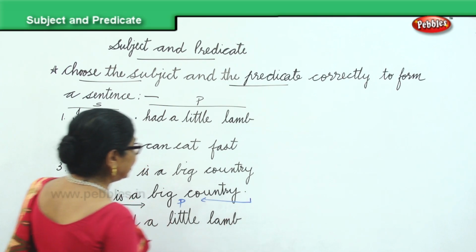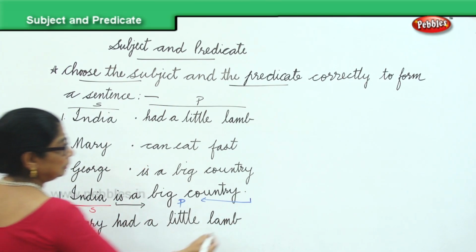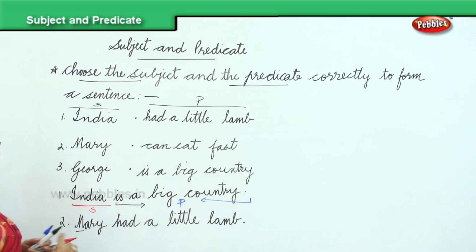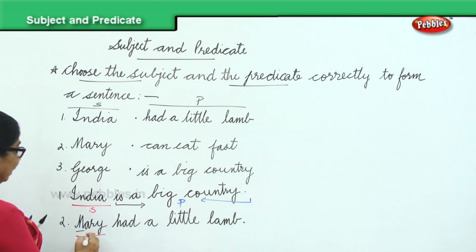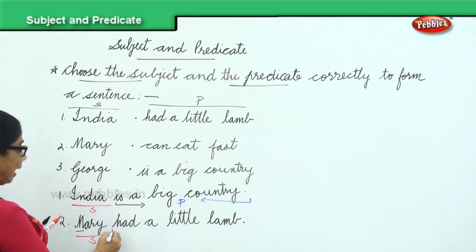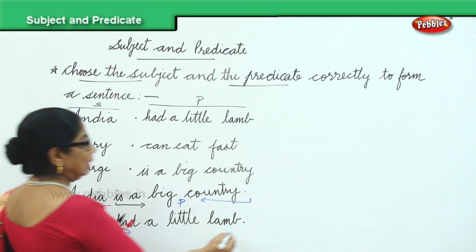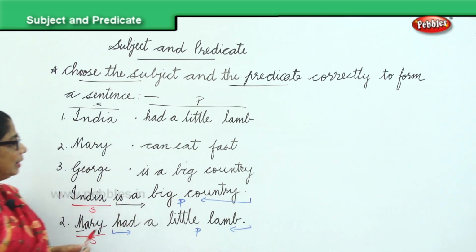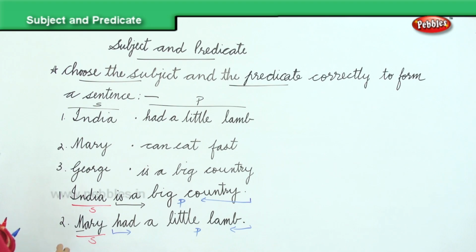What should we remember? Capital letter, ends with the full stop. So we have the first part, Mary, being the subject, and then you have the second part, had a little lamb, ending with the full stop. That's the predicate. And finally you have here, third one, George.